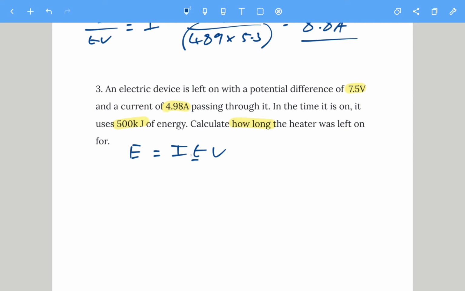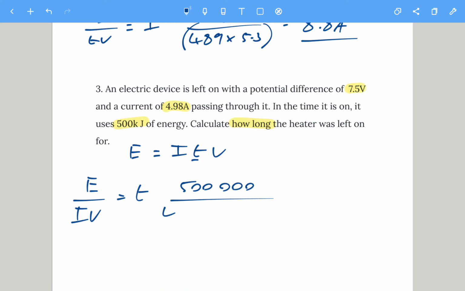And then we just need to rearrange to get time. So to make T the subject, we need to get rid of a times I and a times V. So what's the opposite of timesing by IV? Is simply dividing by IV on the other side. So the energy is 500 kilojoules. Remember that kilo means 1,000, so that's 500,000 divided by current times voltage.